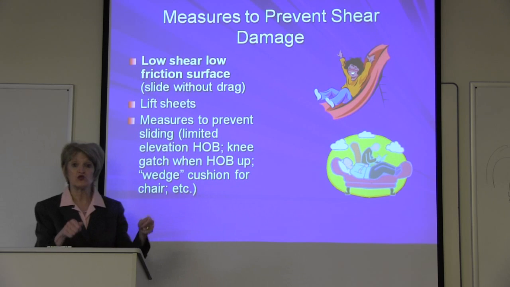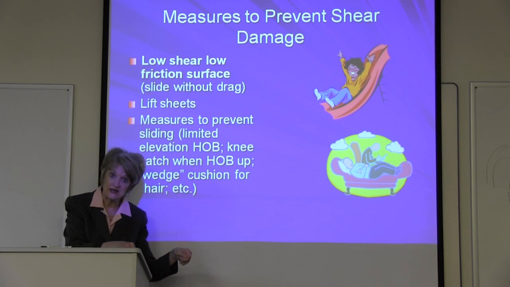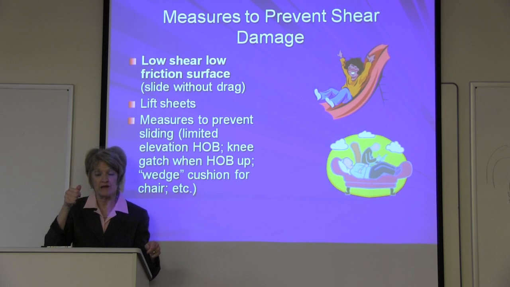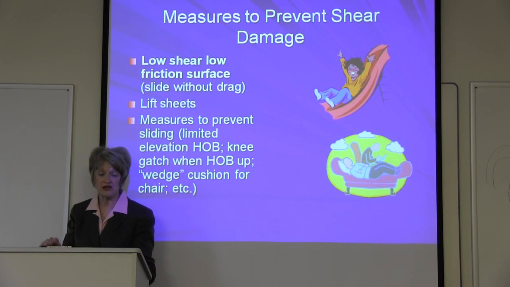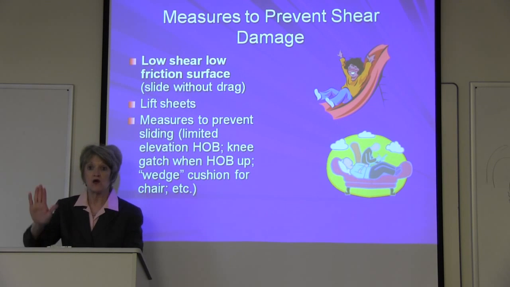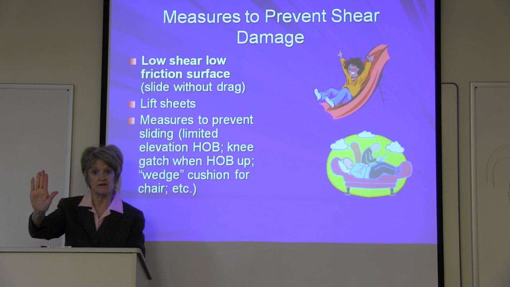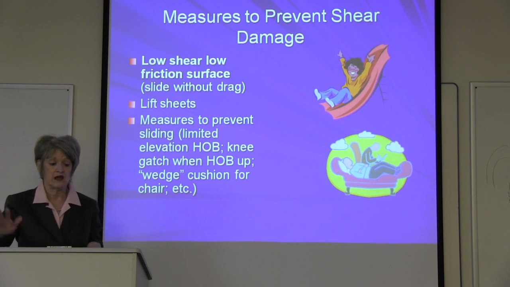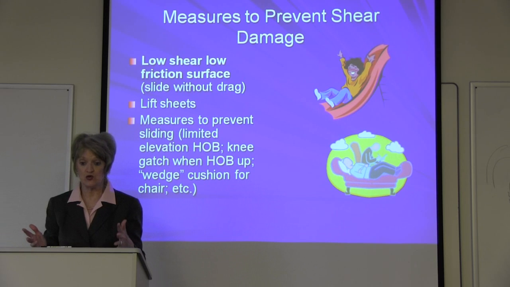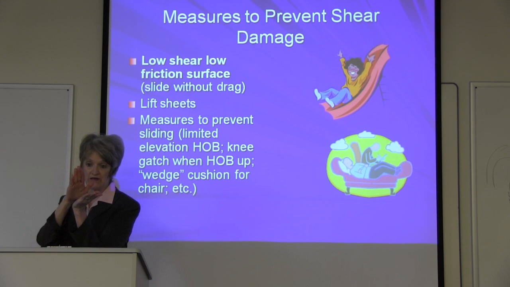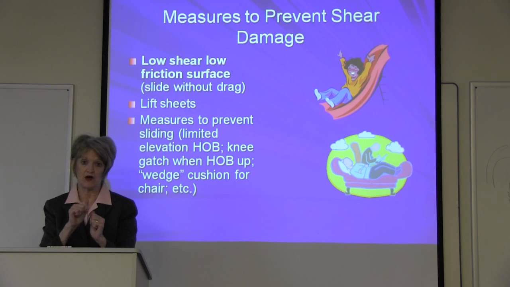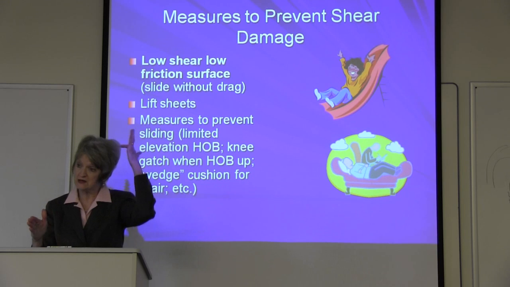The other things, of course, we already know: use lift sheets to move patients up in bed. If we have to elevate the head of the bed, consider partial elevation of the gatch so that we offset that sliding force, or consider elevating the foot area of the bed. When patients are up in the chair, we want to make sure that they're on a cushion that's elevated in the front so that it stabilizes them, or there are pommel cushions that will stabilize them.